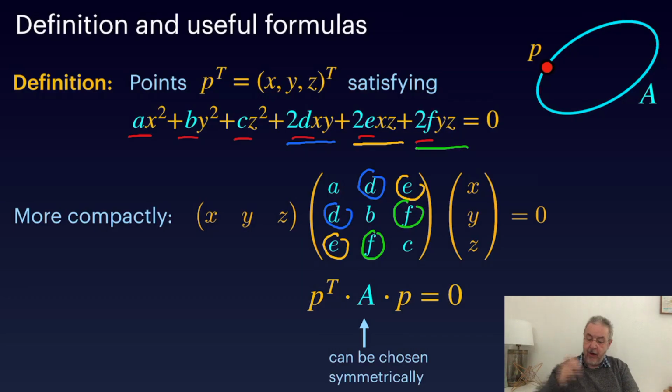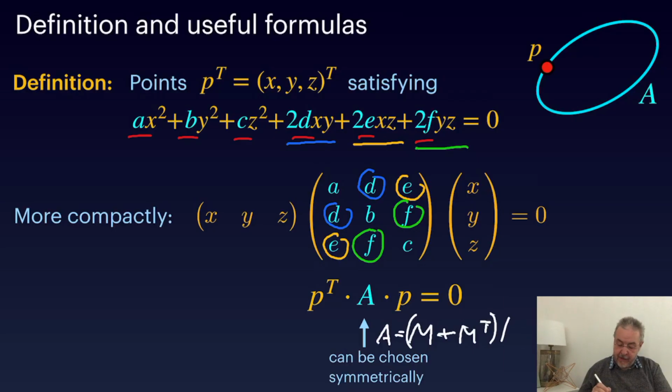by simply averaging out. So if you are given a non-symmetric matrix M representing a conic, you can simply get a symmetric one by considering M plus M transpose and choosing this as an A. And if you want to have exactly the same numbers, you can divide by 2 here as well.